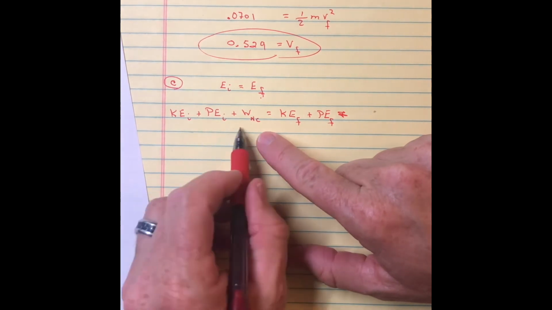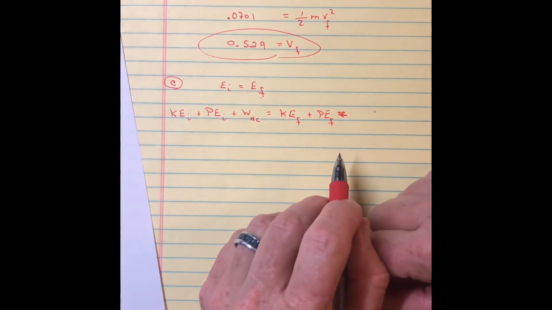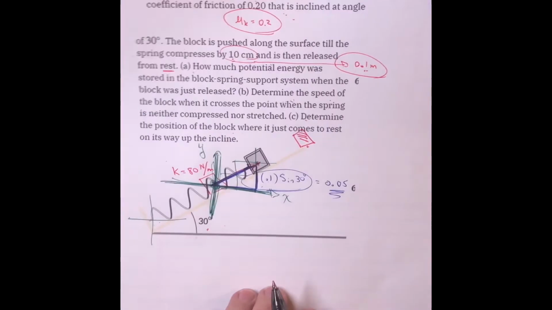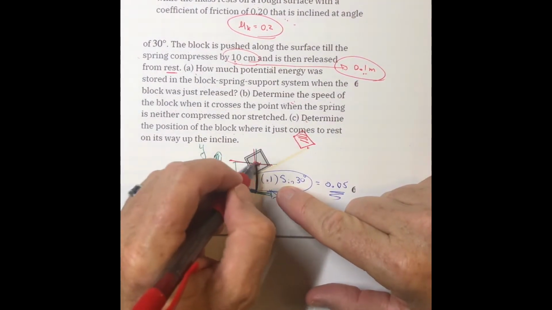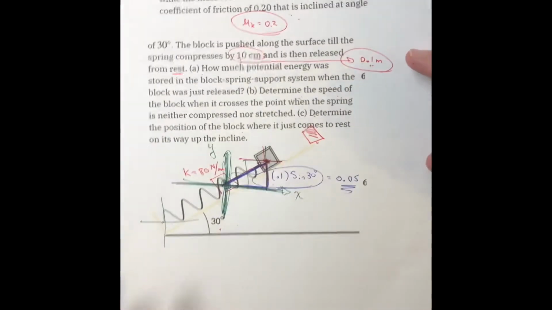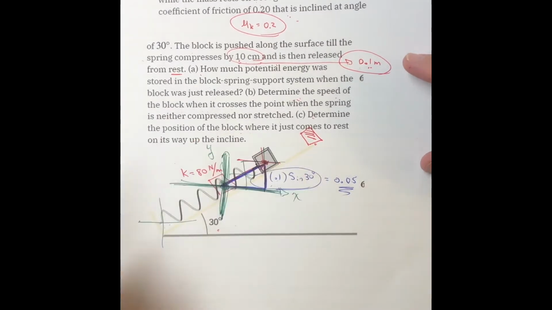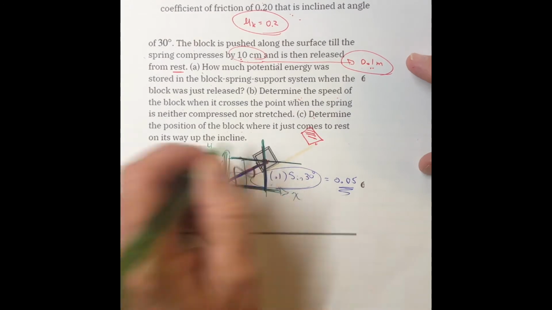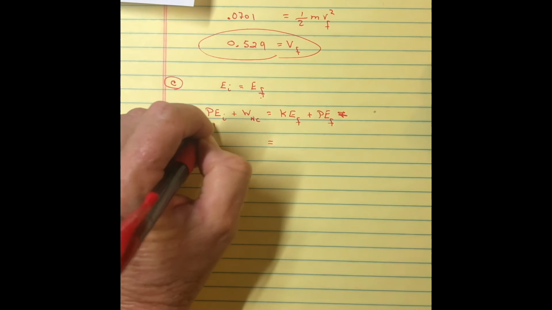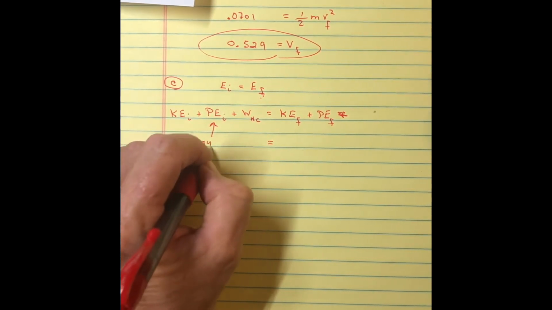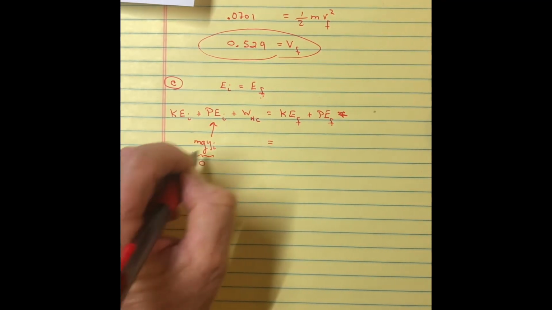And so over here, if I am referring to this as the initial as it goes on up, why don't I rethink where my grid is and put my grid there? That's the lowest point. And that way, when I do the mgy initial, I can say that's 0.